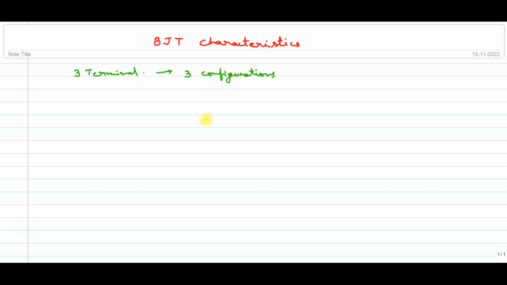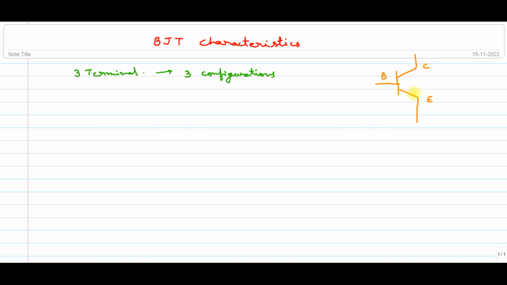So beforehand, let us quickly go back to the transistor diagram. This is the symbol of transistor, and this is base, this is collector, and this is emitter.